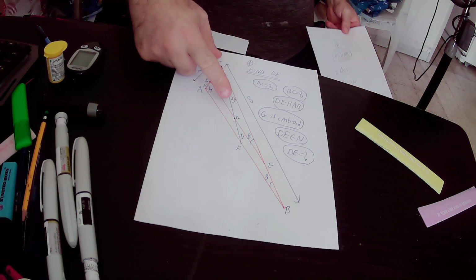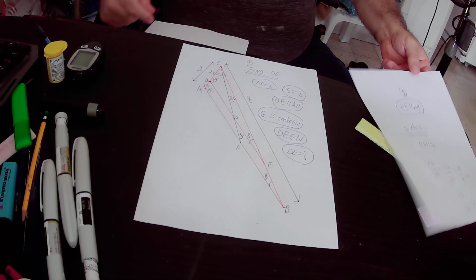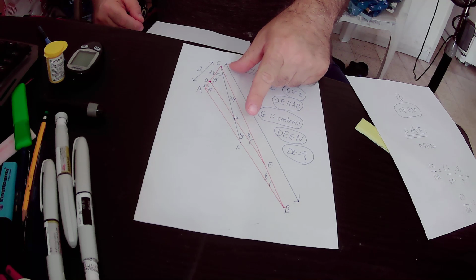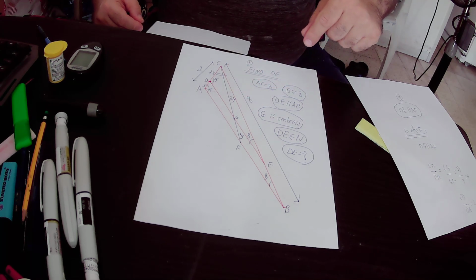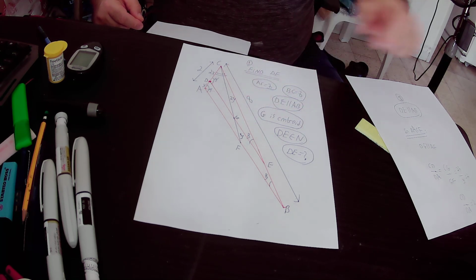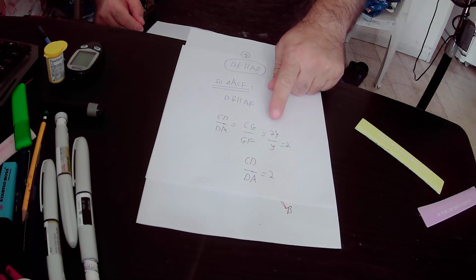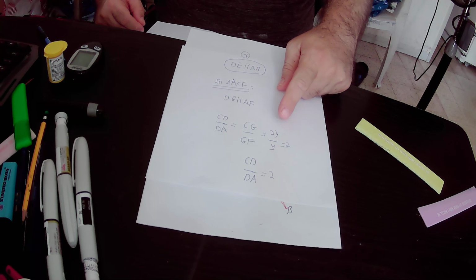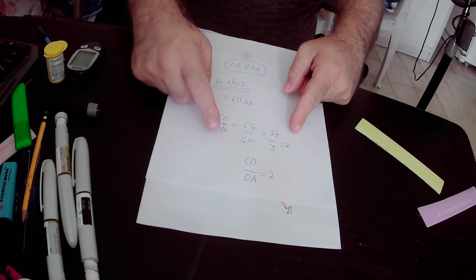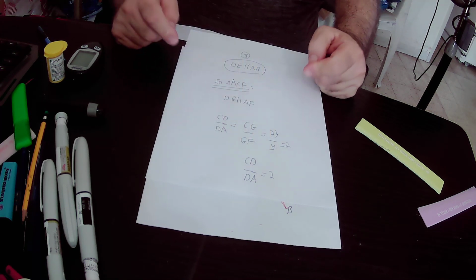But what is the value of CG? CG equals 2y. What is the value of GF? GF equals y. So here we can substitute CG by 2y and GF by y. 2y over y is 2. So we found out that CD over DA equals 2.